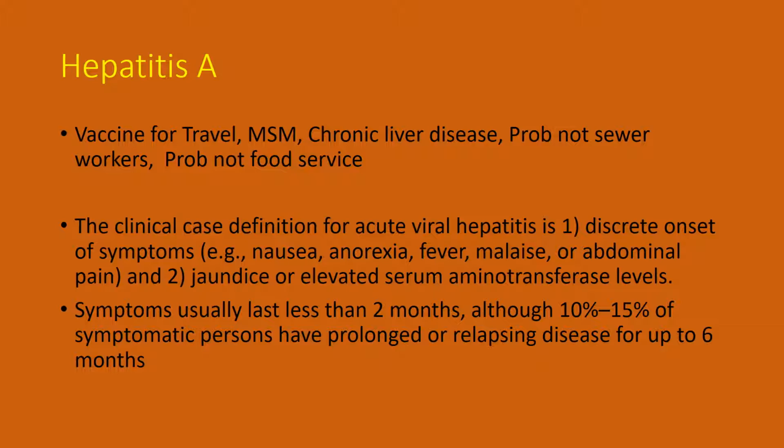It's totally reasonable to give it to them, although the benefits are very modest, and CDC says that there's really not been any documented cases of sewer workers getting hepatitis A from working in the sewer, so they don't recommend that sewer workers get the vaccine, but some municipalities know that it is passed in stool, so they will offer it to their employees.